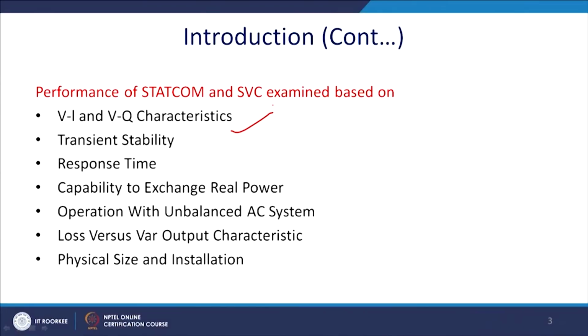We shall continue with this presentation layout: the VI characteristics of SVC and the VQ characteristics, that is, the reactive power handling capability of both SVC and STATCOM. Then we will see how they handle or ensure transient stability, how fast they react, the response time, and the capability to exchange real power. We will also see whether they can be added to compensate reactive power as an add-on or for retrofitting purposes, and operation with an unbalanced AC system, if there is a source unbalance or, due to some switching, the inductance values are different, or some load unbalance.